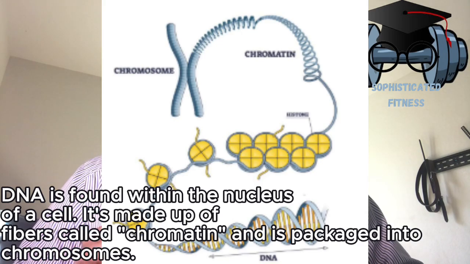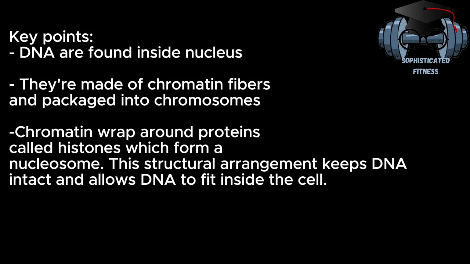This structural arrangement of the chromatin fibers wrapping around histones represents a nucleosome. Now, the significance of this structural arrangement is that it allows DNA to be packaged into the cell because DNA are very long structures.